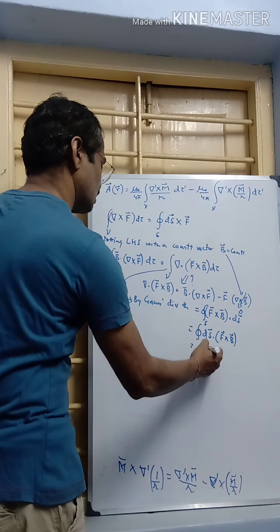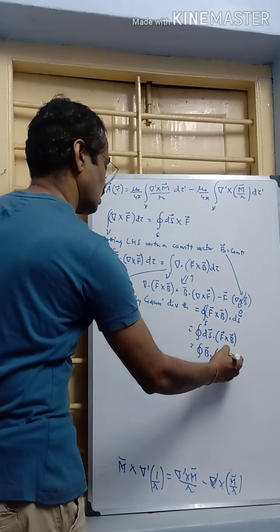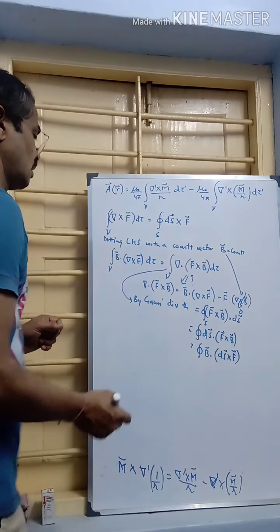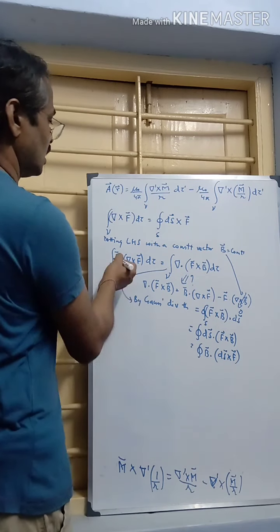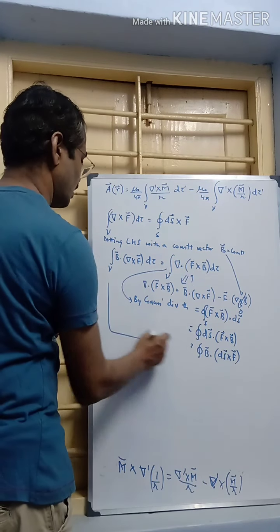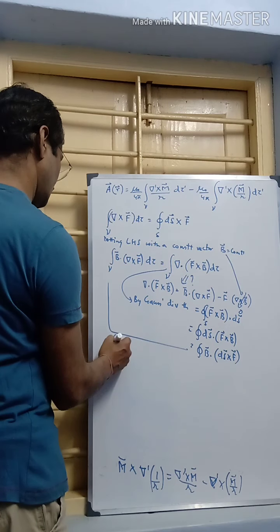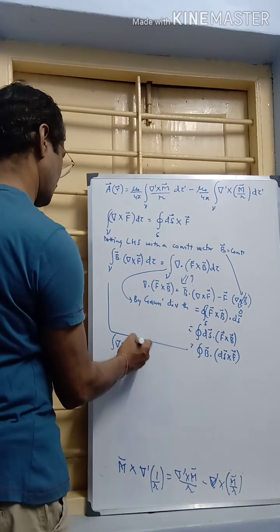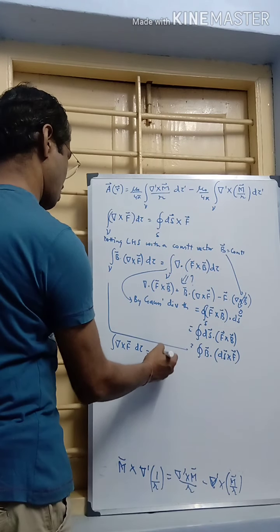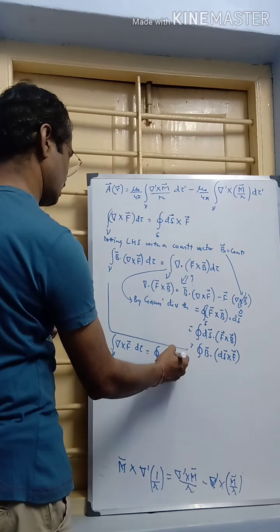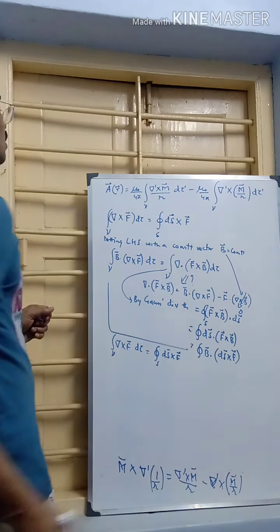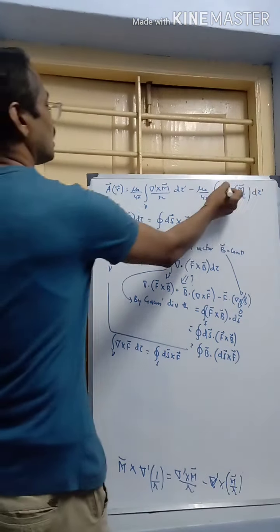So this can be written as b dot ds cross f. Since b is an arbitrary vector, we can take out b from the left hand side as well as the right hand side, and from here we can write very easily that the integral of curl of f d tau is equal to the surface integral of ds cross f.